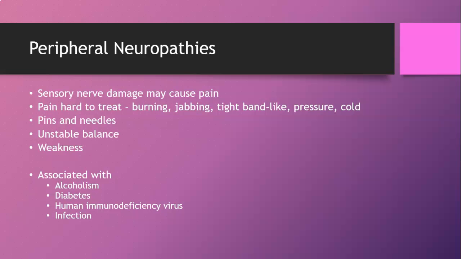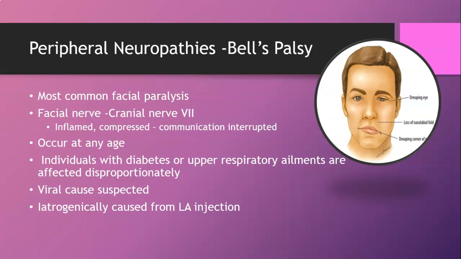Okay. So individuals with diabetes or upper respiratory ailments are affected disproportionately. So we know diabetes because of the damage to the little microvascular system in the nervous system, the peripheral nerve damage, but also upper respiratory ailments, which I thought was interesting.